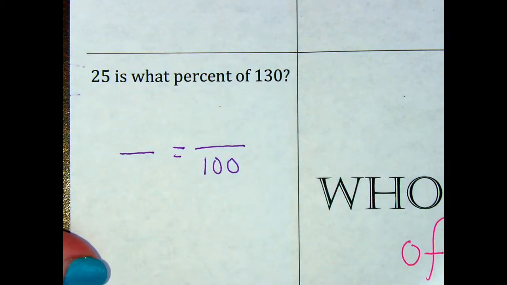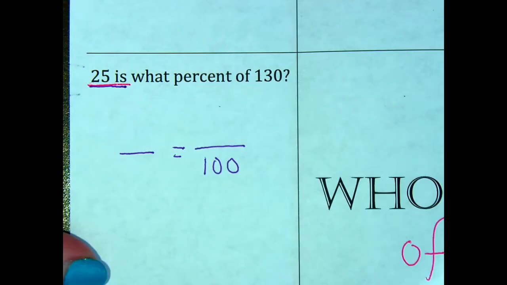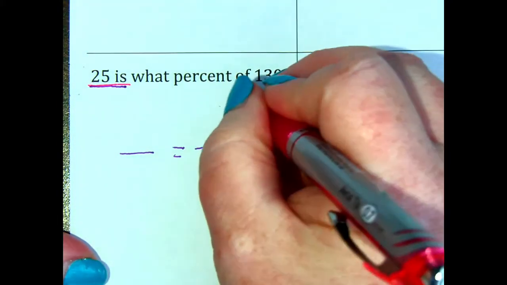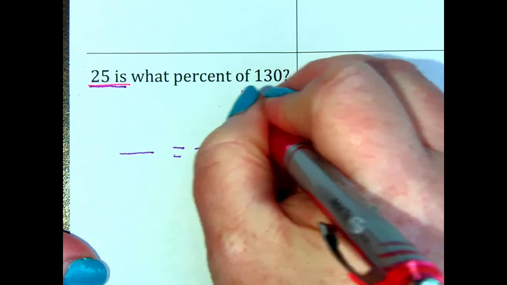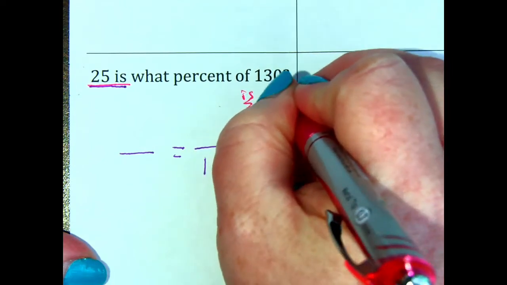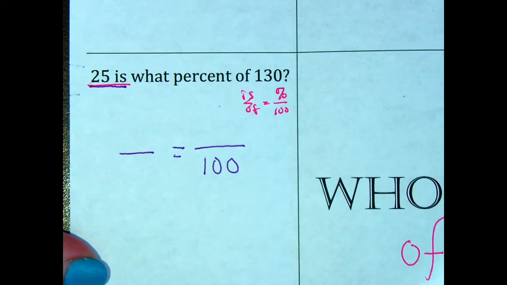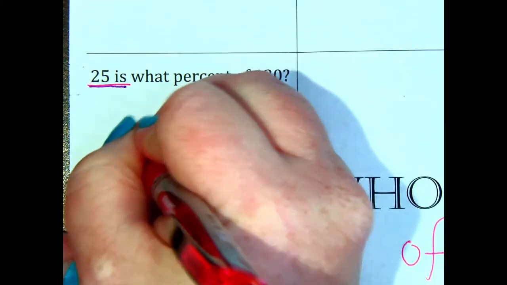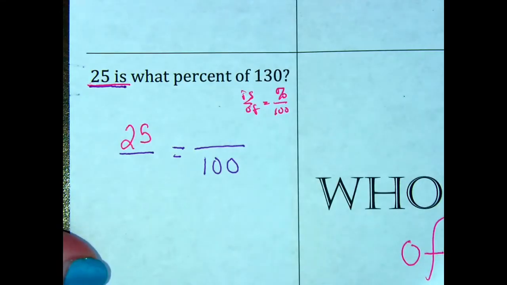And then I'm going to read my problem and I'm going to look for where to fill in the rest of my ratio. So it says 25 is. Well, if we remember, our ratio is over of is equal to percent over 100. So 25 is going to go right there.